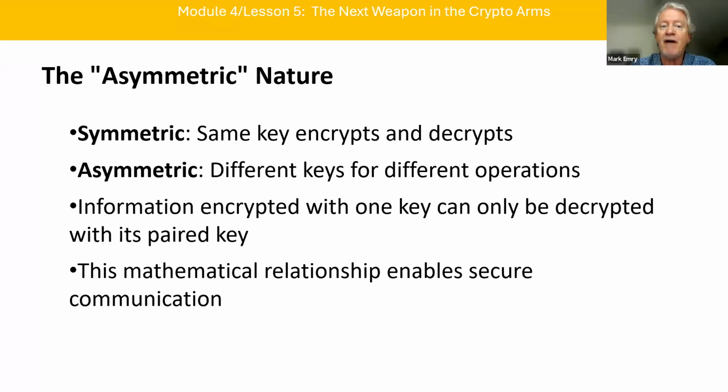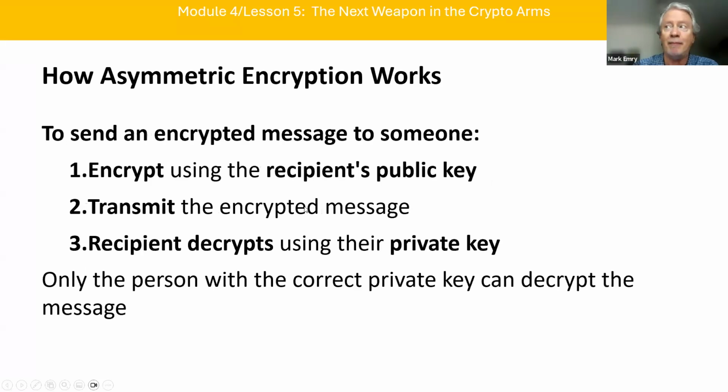For example, if I wanted to send an encrypted message to you using public key encryption, which is asymmetric cryptography, I should follow these steps, right? I want to encrypt the message, so I use your public key to encrypt the message. Your public key is openly available, so anyone can use it to encrypt messages for you.